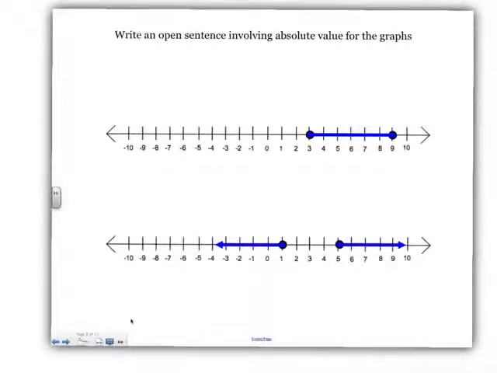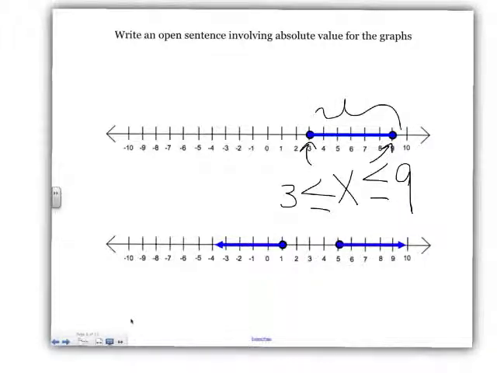So if I were to look here, I have two possibilities for open sentences. I know that here, this is telling me that x is greater than or equal to 3, and that it is also less than or equal to 9, because I have a filled-in circle at 9 and at 3, and it has to be in between these two points in order to allow this picture to be true.